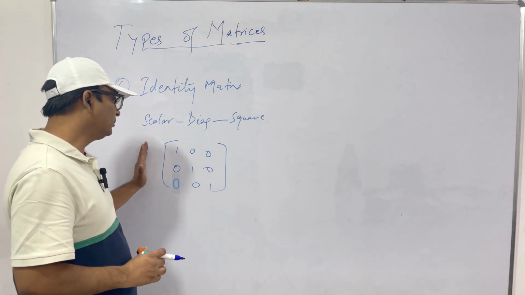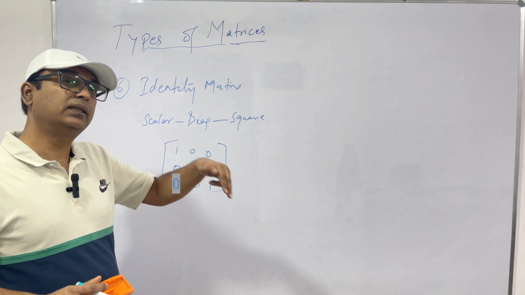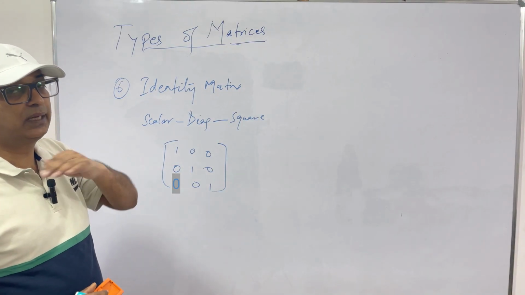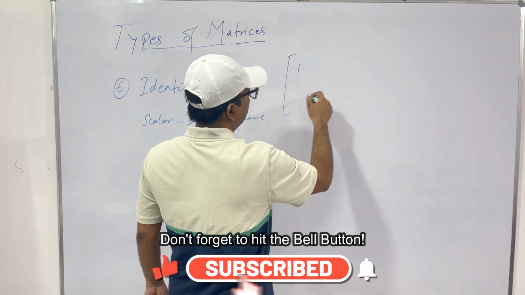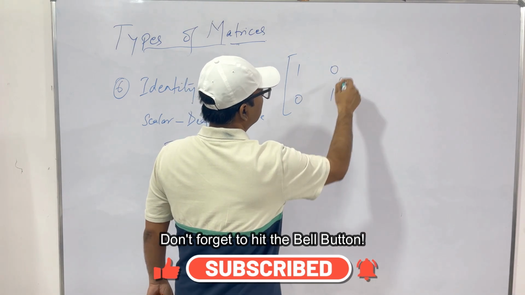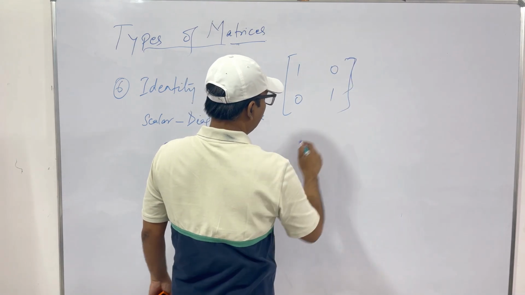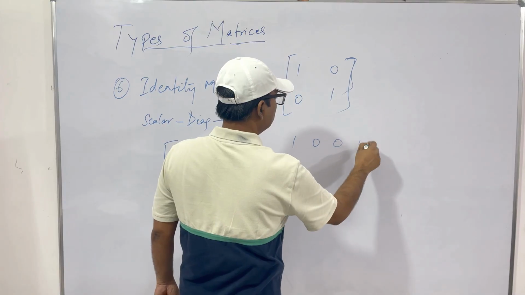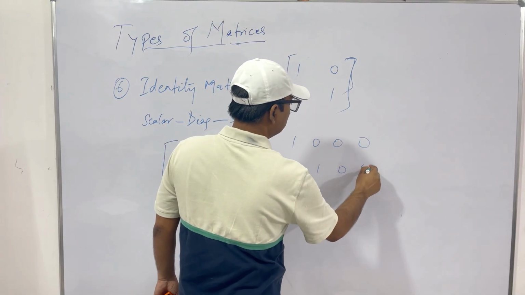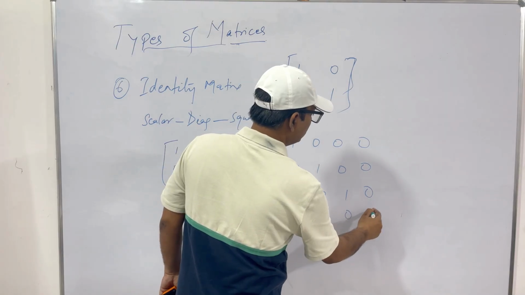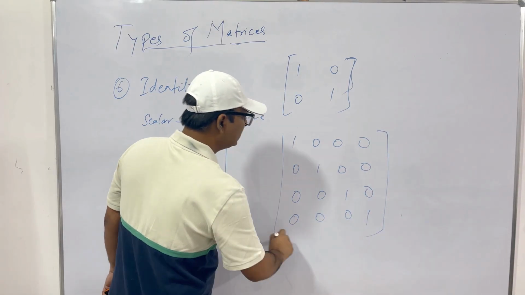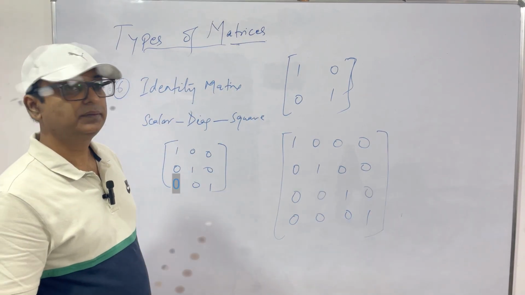So in an identity matrix, what you will see? You will see all the diagonal elements are equal to 1 and all non-diagonal elements are 0. So let's say for 2 by 2, this will be like this. For 4 by 4, it will be 1, 0, 0, 0, 0, 1, 0, 0, 0, 0, 1, 0, 0, 0, 0, 1. So this is the 4 cross 4 identity matrix. Clear?